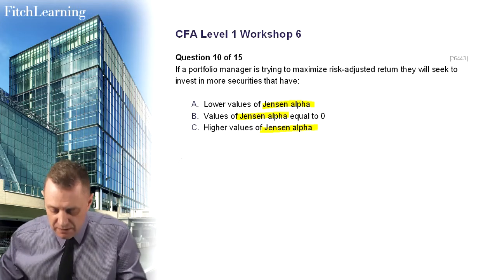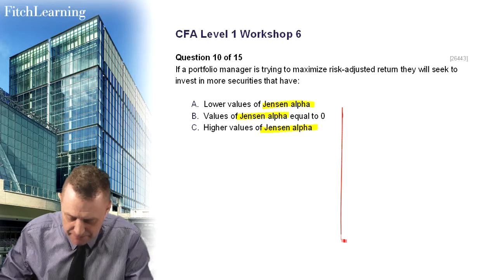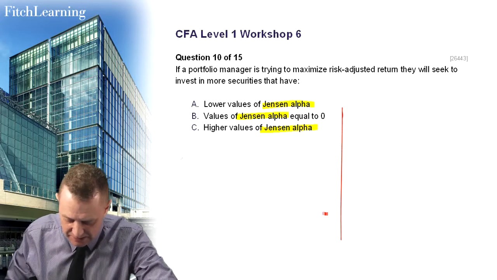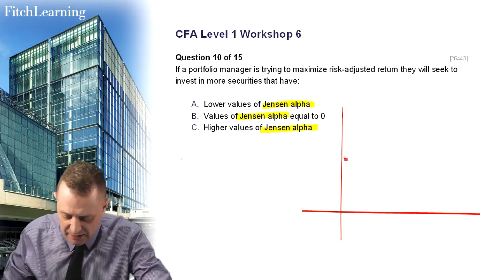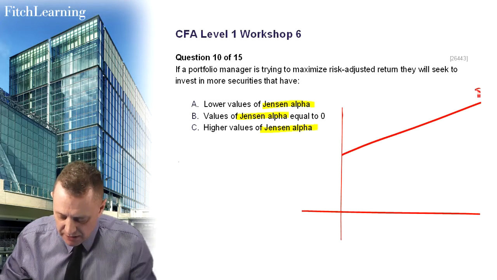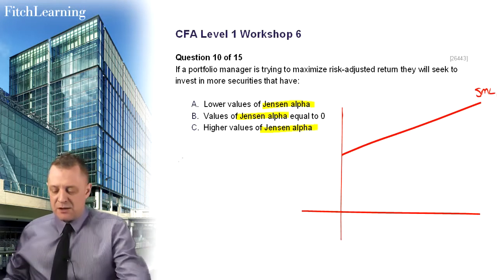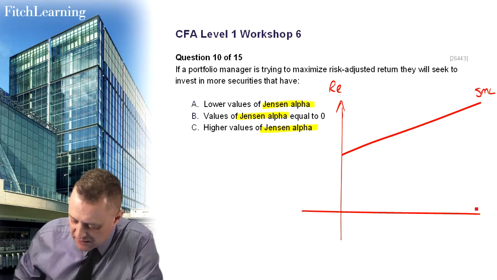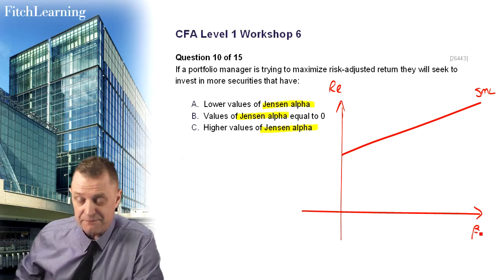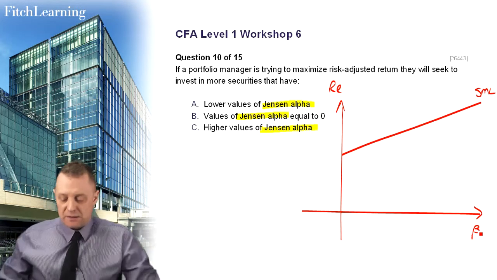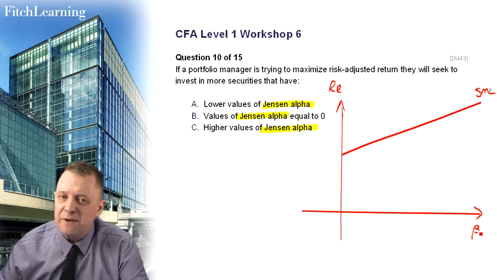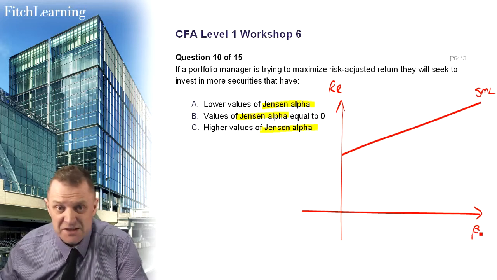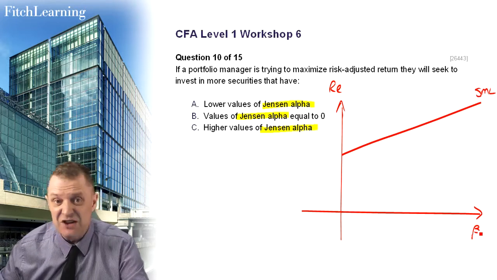If I think about CAPM, the capital asset pricing model, what it gives me is what we call the securities market line. The securities market line is basically saying that I can look at the expected return against beta. For a given level of beta, I should get a predicted expected return. Basically it's saying I should be on that line.